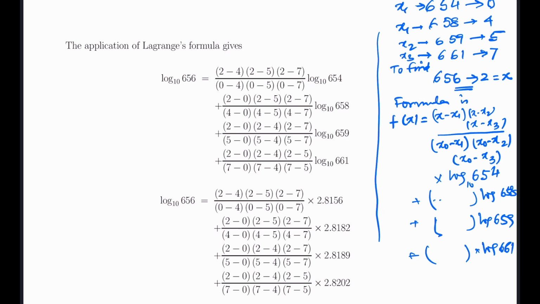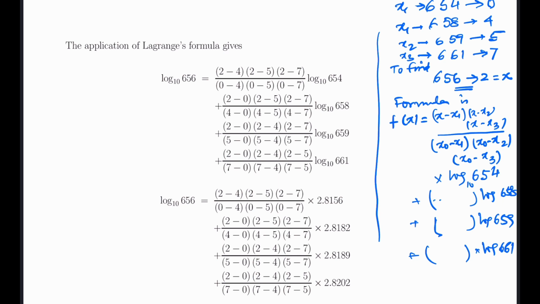Since 656 is 2, this is our x, whose value is to be determined. So remember the formula. f(x) is (x minus x1)(x minus x2)(x minus x3) divided by (x0 minus x1)(x0 minus x2)(x0 minus x3) into log 654 to the base 10. Similarly, all other terms here.